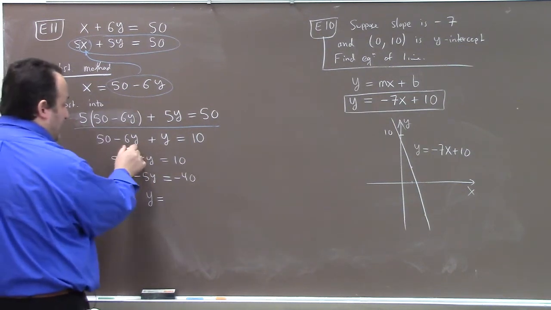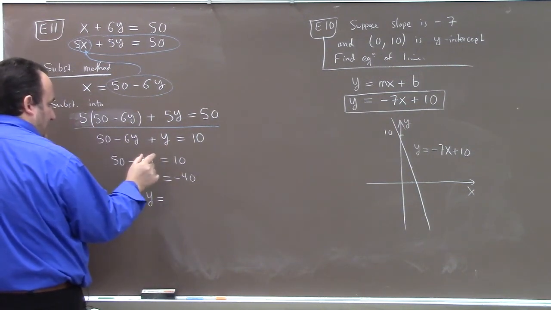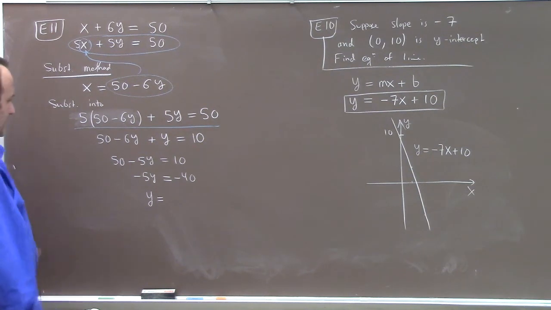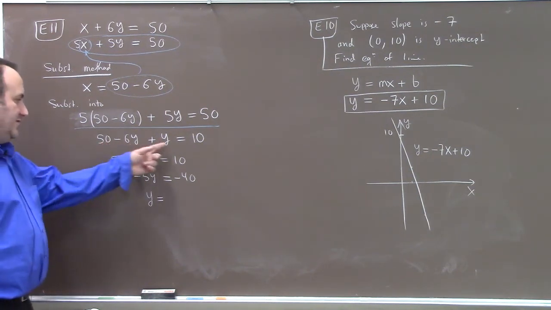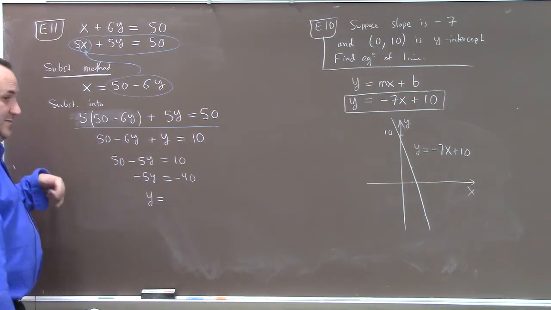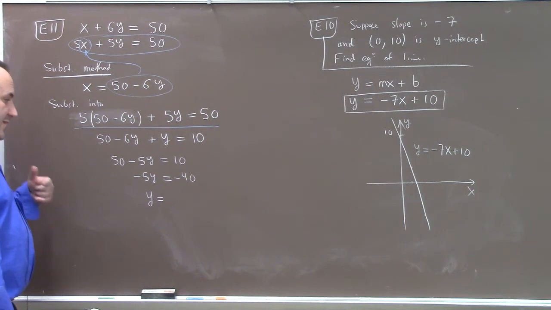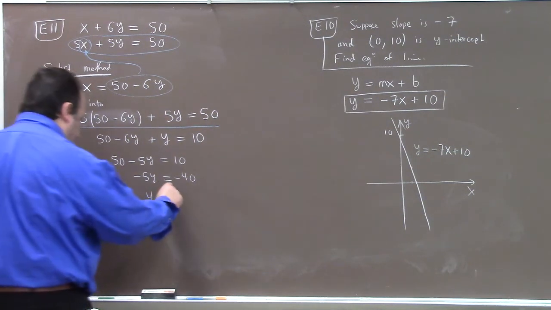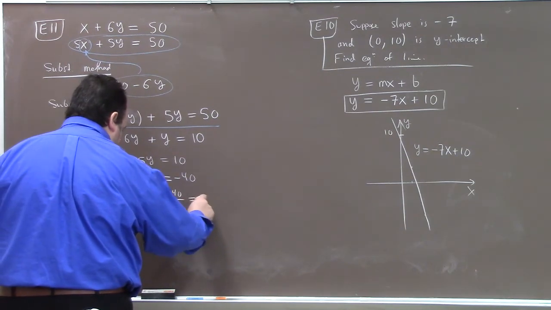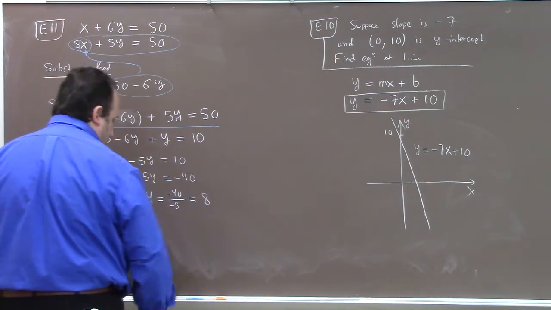Minus 6y plus y is minus 5y. And then subtract 50 to the other side. 10 minus 50 is minus 40. Minus 40 over minus 5 is what? The minuses cancel, right? What's 40 over 5? It is 8.